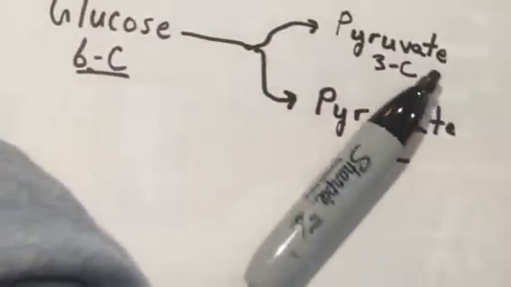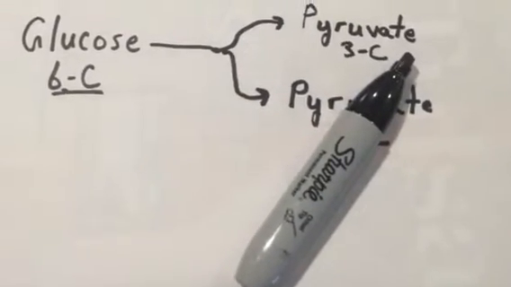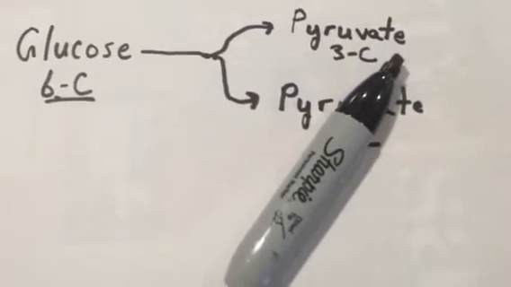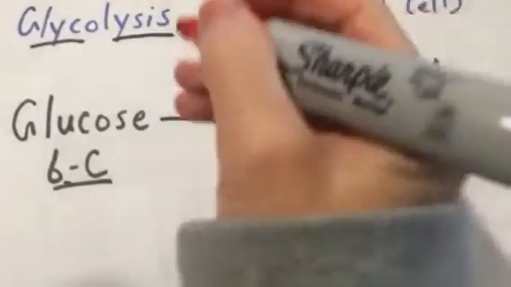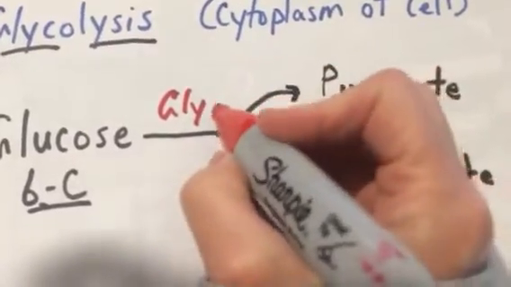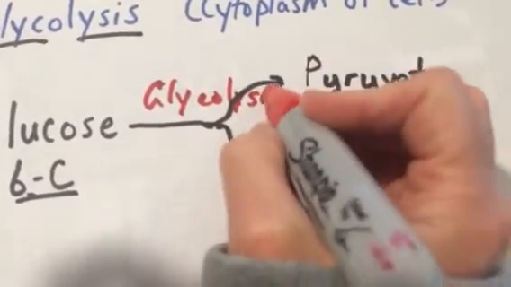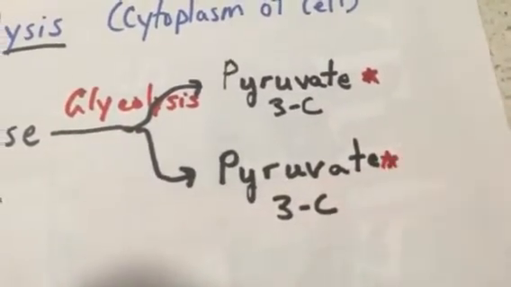So this step, again, if we were going to label this, this step is called glycolysis. And it's going to produce 2 molecules of pyruvate.